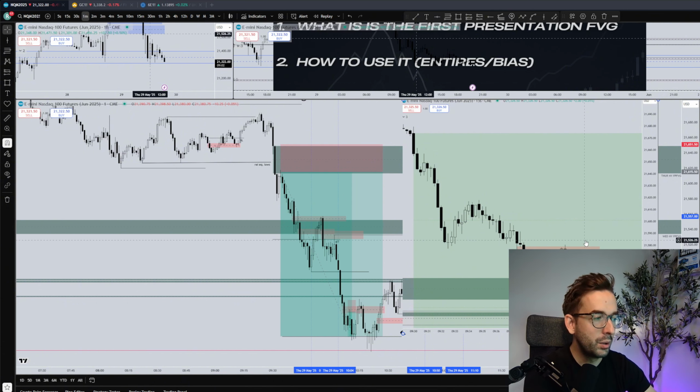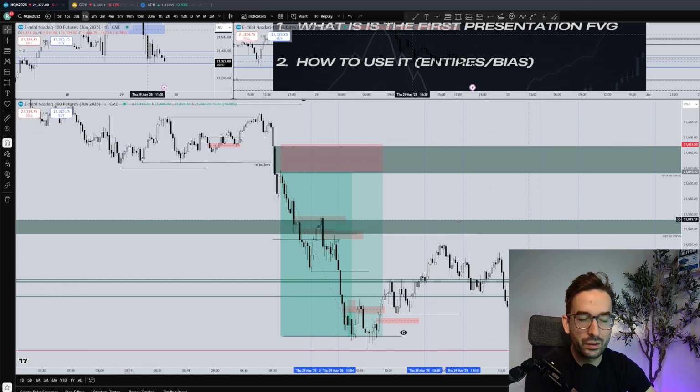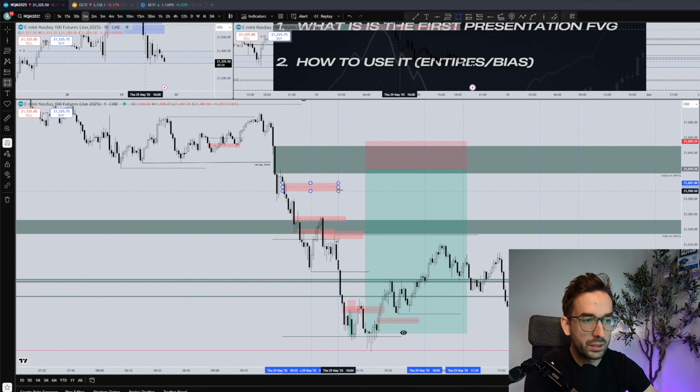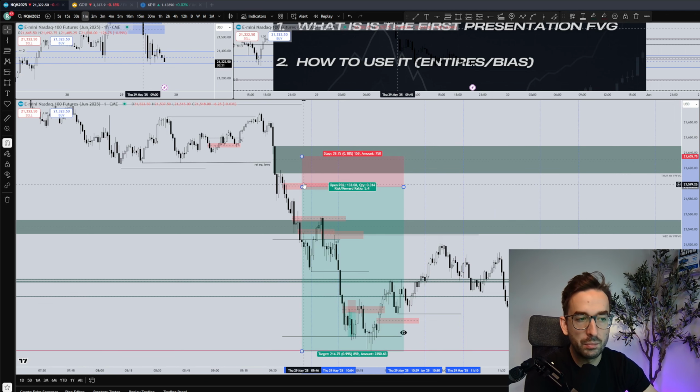That is a more conservative option because price is showing that it's rejecting it. And then we're getting into the trade using the next fair value gap that's formed on the 15-second chart. And the third option, and this is the one that I usually trade, is the exact same concept as the 15-second entry, except it's on the 1-minute model. So we have a 1-minute fair value gap form, let's say right here, after the rejection of this one, and I would get into the trade right here and place maybe my stop above the midpoint of the first presentation, and that's going to be my entry.